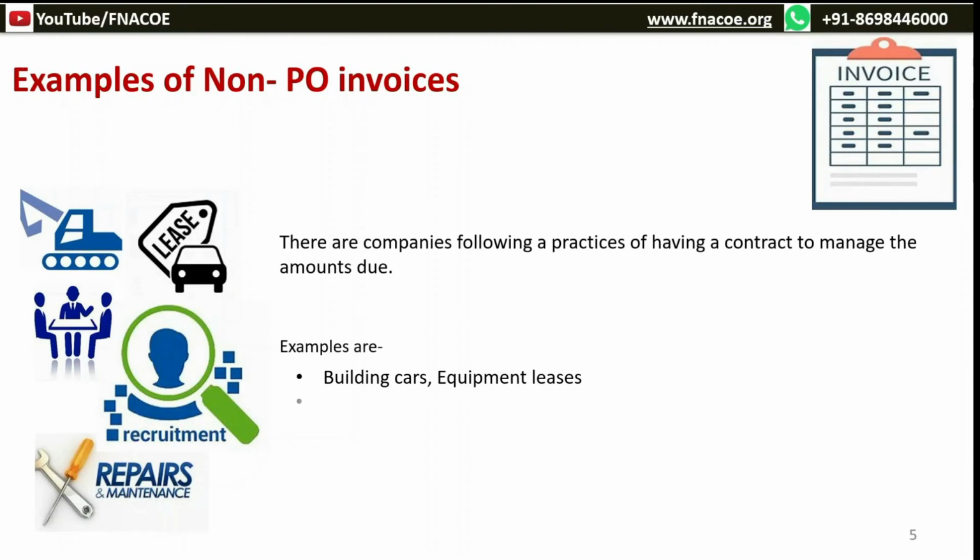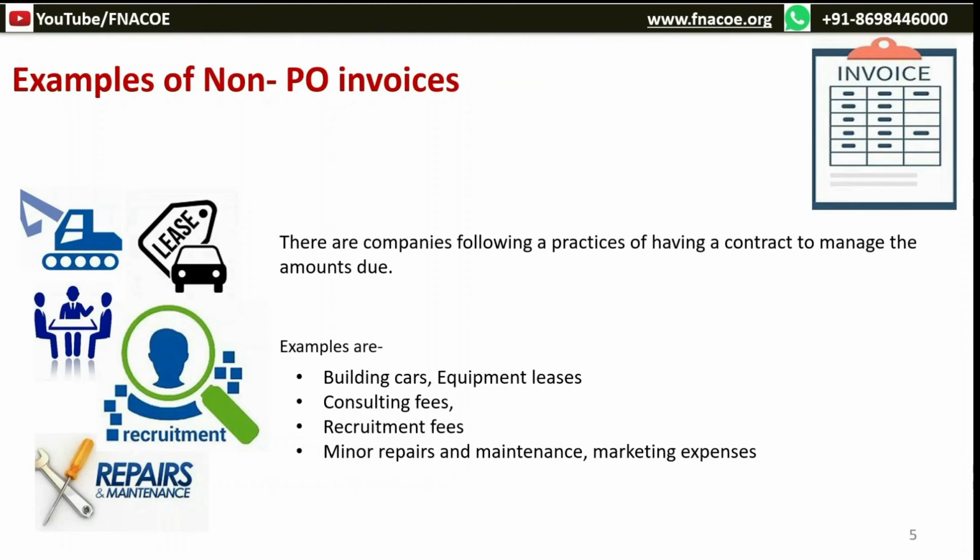Similar is the case for equipment leases, consulting fees, recruitment fees, minor repairs and maintenance, which we discussed some time back, marketing expenses, and utilities like electricity, telephone, municipal taxes, and mobile bills. We just discussed these in the past. Let me take the example of consulting fees. Consulting fees are also for a defined period.